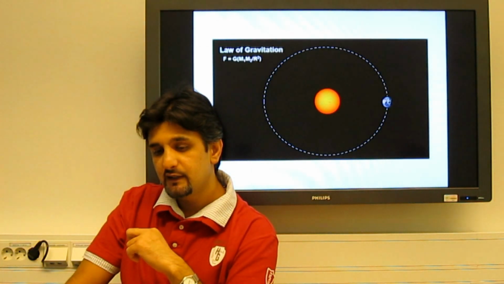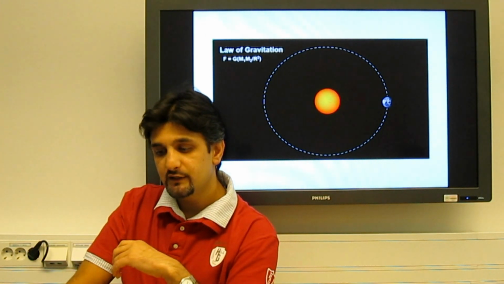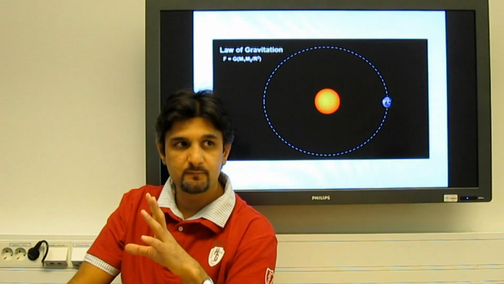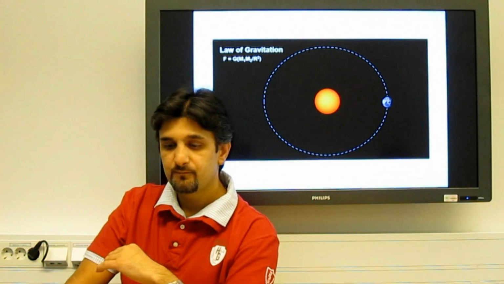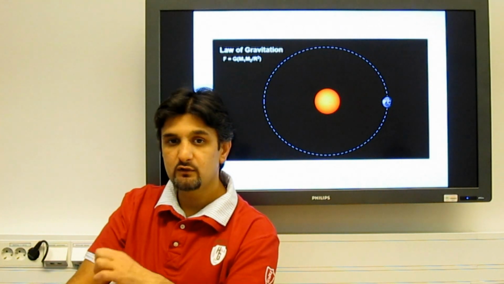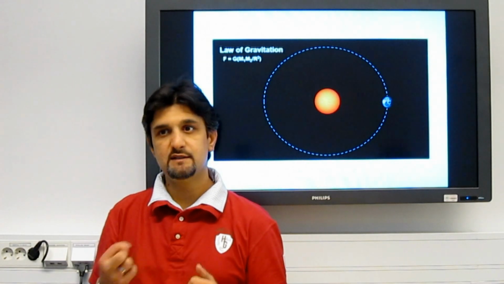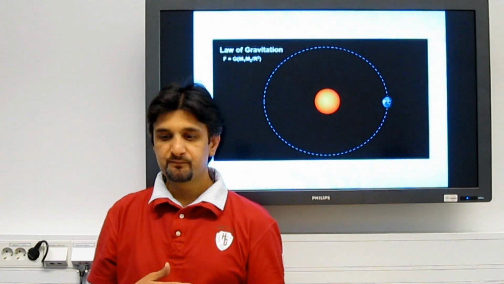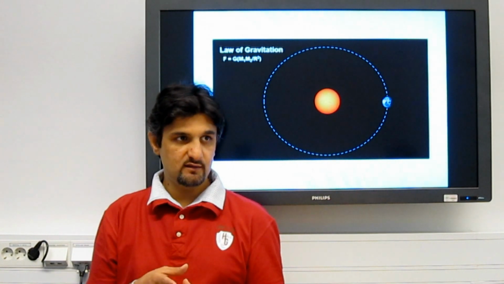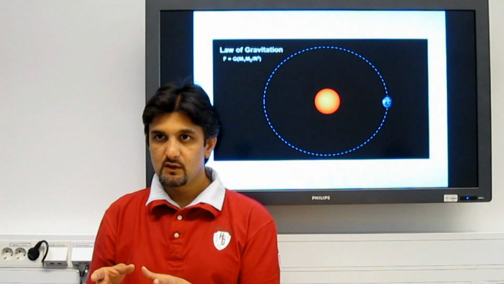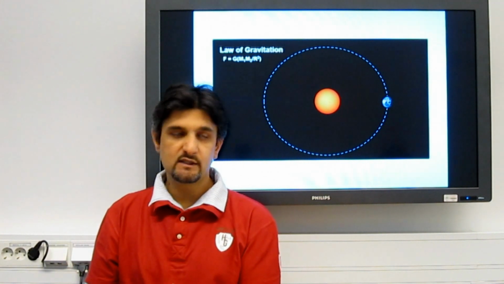I talked about the law of gravitation, about the relation between the star, the sun, and here the planet, which is the Earth in this case. And I told you that according to some experiments, some kind of physical calculations, some basic theory about physics, we know that there are some options that are going to affect this gravitation, such as the mass of those objects and the distance between them.